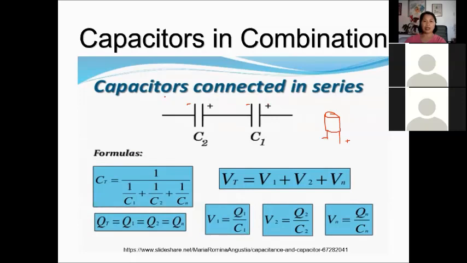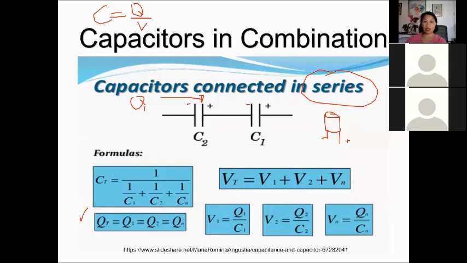Now, since single path lang ang dadaanan ng charge, then Q is constant. Di ba yung factor sa C? C is Q over V. Factor ng C is Q and V. No? So, in the series connection of capacitors, Q is constant. Again, kasi isang path lang ang madaanan ng charge.